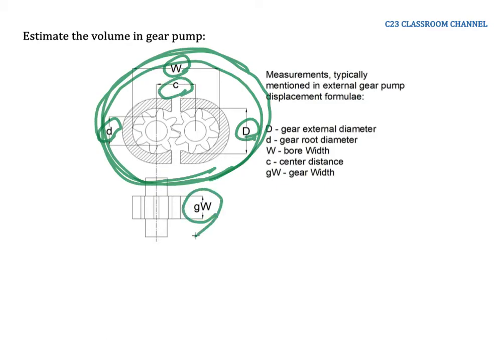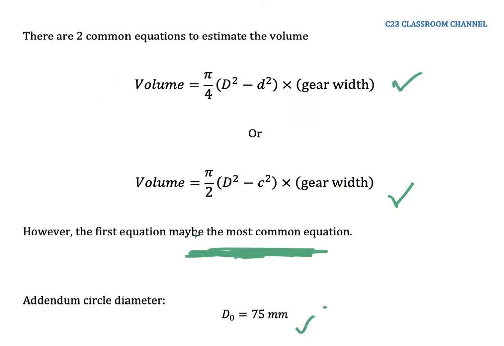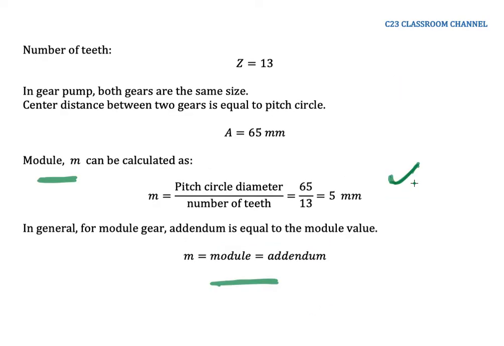Then you could use the equation easily. The calculation here shows that sometimes you can calculate based on the type of teeth, because as I said, in a drawing sometimes people will give information about the type of the gear.